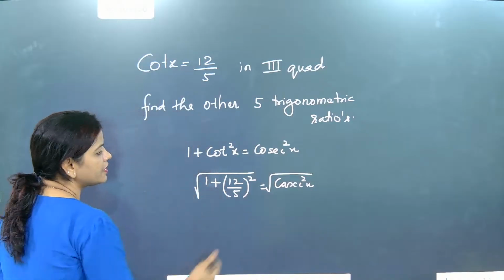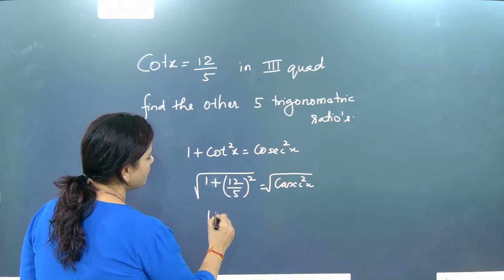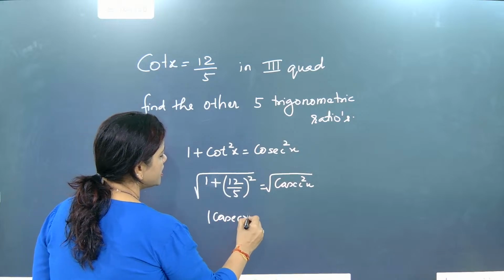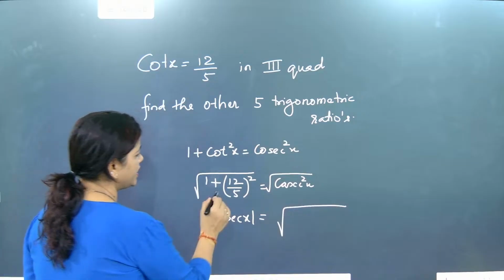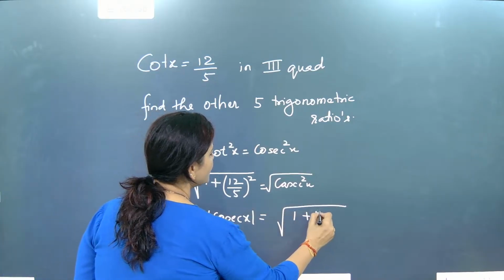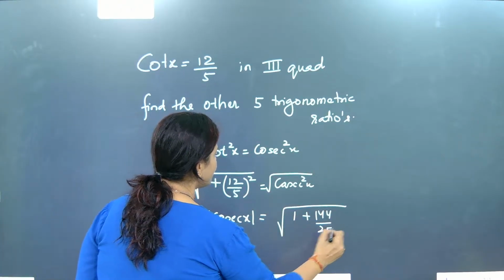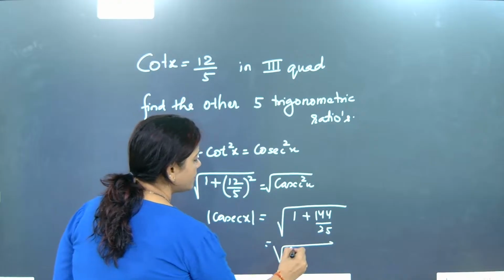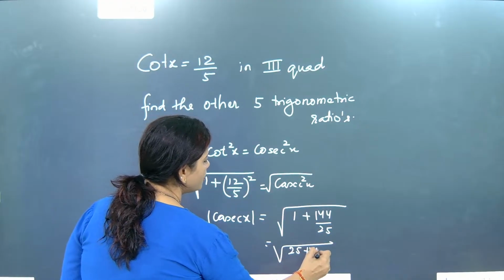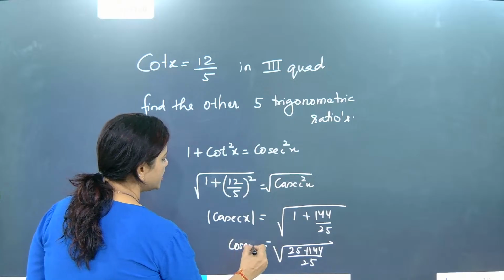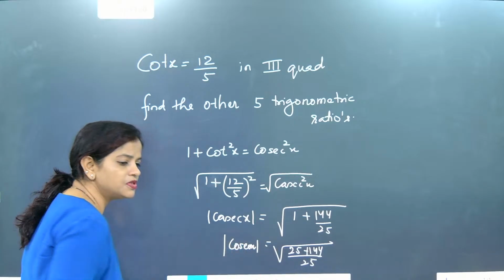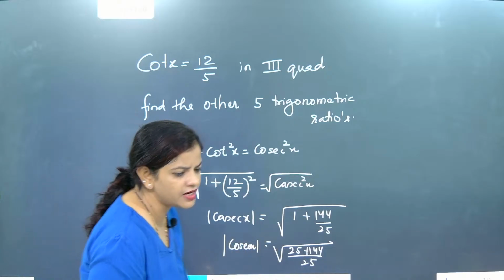Here when you solve, it will become the modulus of cosecant x, and here it will become 1 plus 144 by 25. Now take the LCM, it will become 25 plus 144 by 25, and here we get cosecant x modulus. Modulus will give two values, positive and negative.